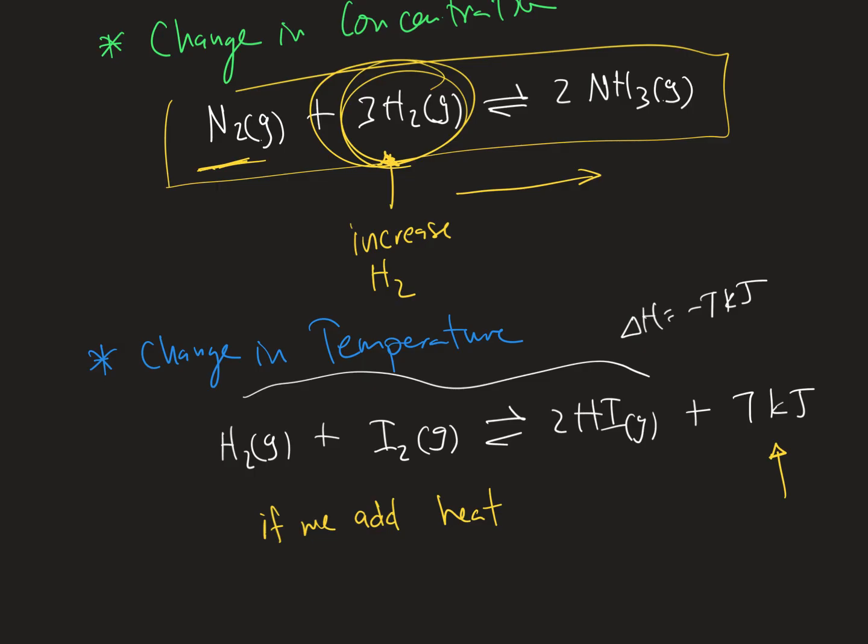We're adding more of products, and it's going to push it to the left or to the reactants. The same way, if you add more concentration, it's going to push it the other way. Do we get that? Okay, you see some nods and some, I hope we're okay.